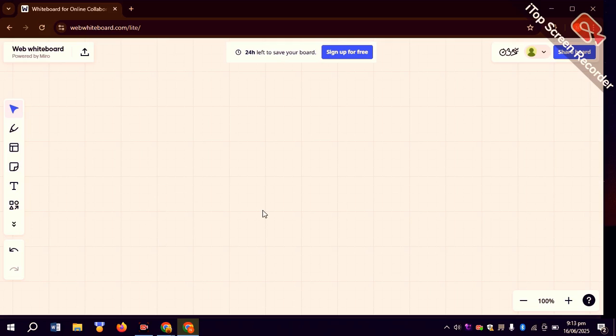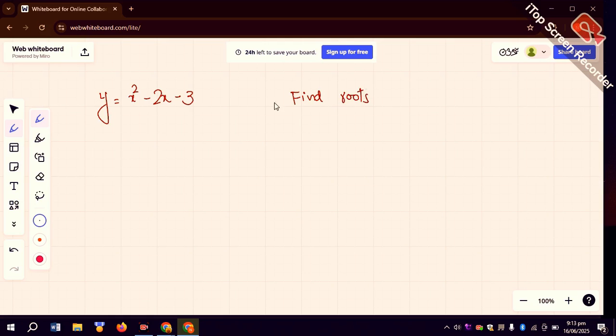For example, you have a quadratic equation like this: y is equal to x squared minus 2x minus 3. You can see that this is in the form of a quadratic equation, and you have to find the roots and the turning point.